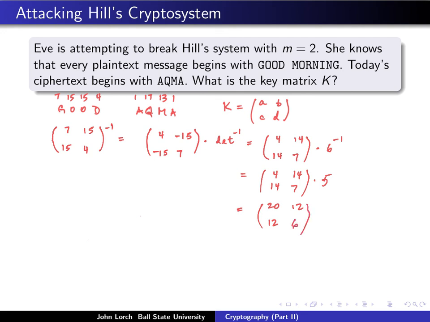Okay, so finally now we're ready to find these entries A, B, C, and D of our matrix K. So remember that if I want to get the vector AB, so this is from the previous slide that I had erased, we're going to take this inverse matrix that we just computed, which is going to be 20, 12, 12, 4, and we're going to multiply it by the vector we determined on the previous slide, which is 1, 13.